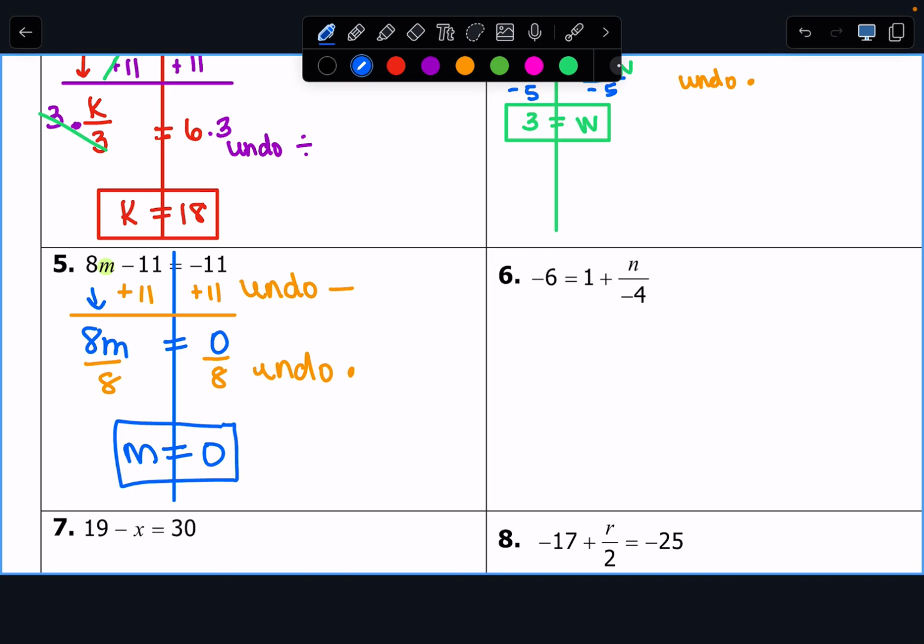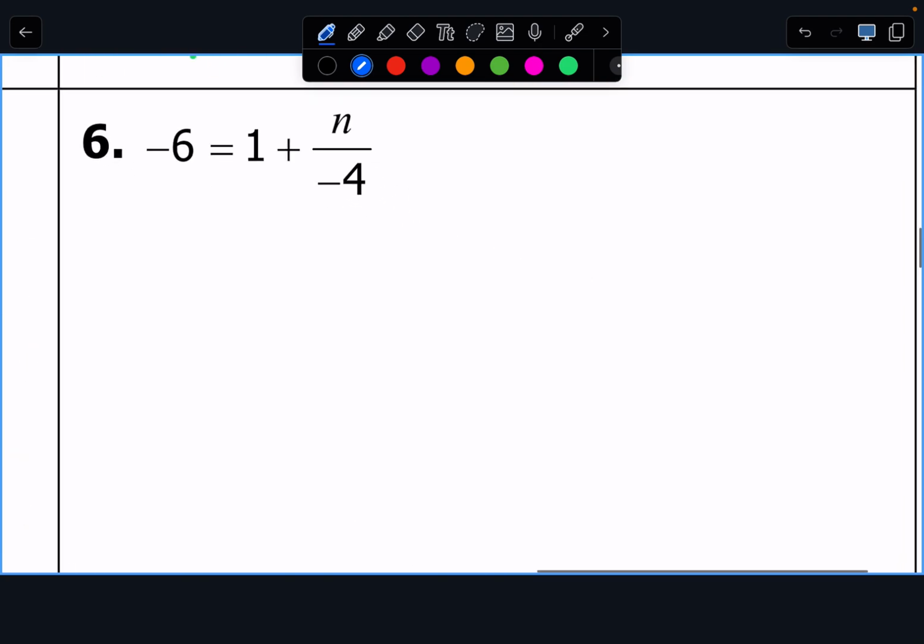Okay. Mason, I don't know how to do that one. Number 6? Okay. Number 6 is a little different. That's okay. I have a question for you, Mason. If this is our variable, which number is the furthest away? So 1 needs to get moved first.